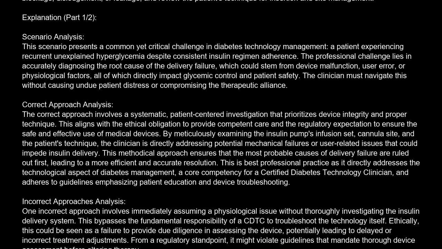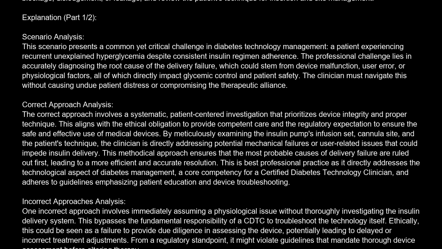This methodical approach ensures that the most probable causes of delivery failure are ruled out first, leading to a more efficient and accurate resolution. This is best professional practice as it directly addresses the technological aspect of diabetes management, a core competency for a certified diabetes technology clinician, and adheres to guidelines emphasizing patient education and device troubleshooting.